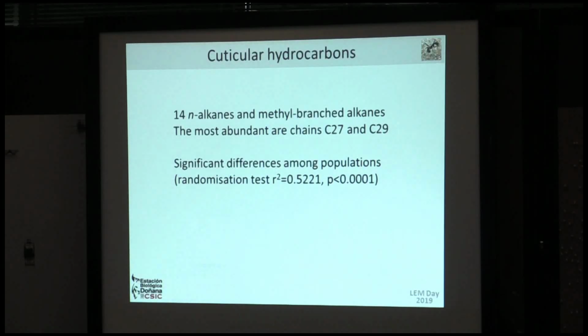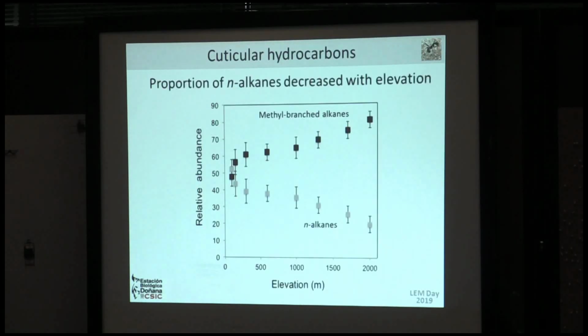For the results of cuticular hydrocarbons, we found in total 14 compounds: n-alkanes, the linear alkanes, and also methyl-branched alkanes, and the most abundant had chains of 27 carbons or 29 carbons, and we found significant differences among populations.